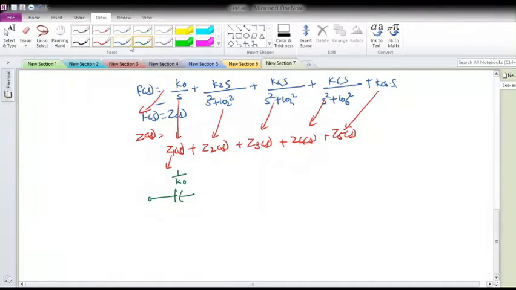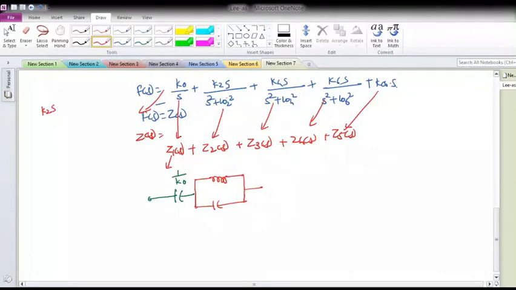So how can we realize it? This Z2 of S will consist of an inductor and a capacitor, right? How will we do it?